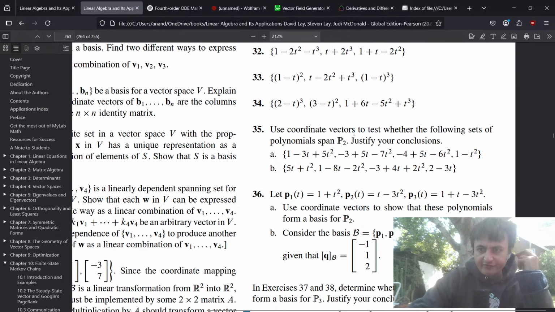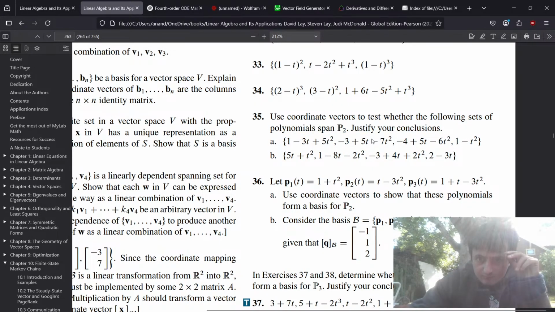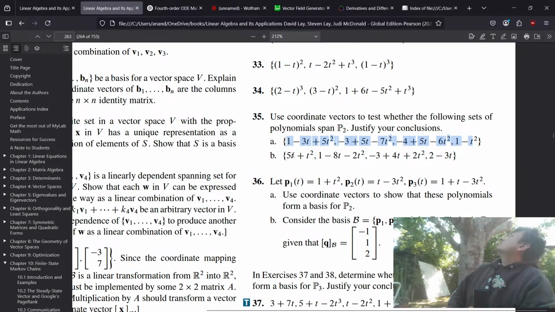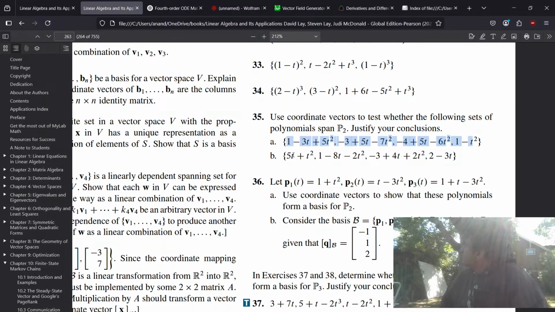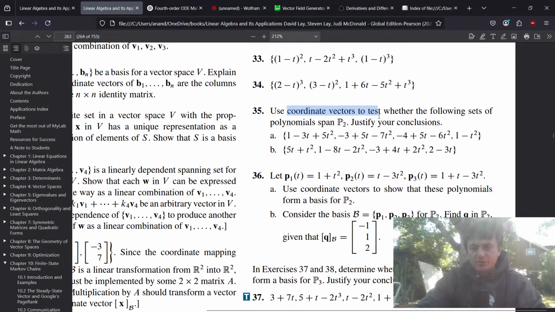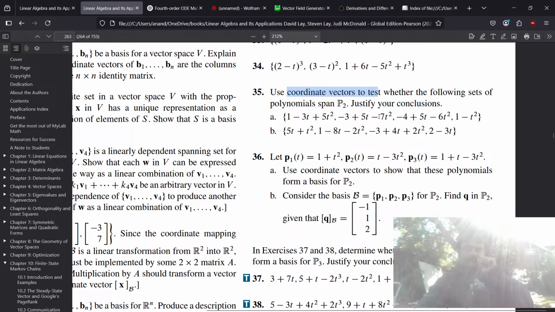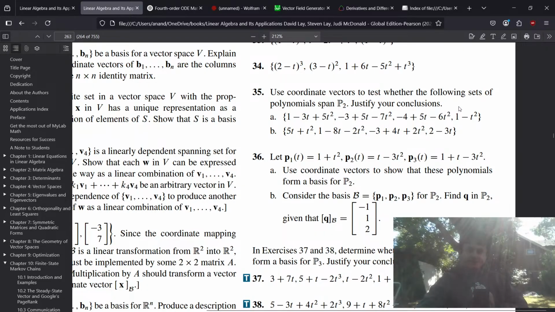Use coordinate vectors to test whether the following sets of polynomials span. 35, I feel like we can skip. 35 just amounts to you put this as a matrix, and then you row reduce it or something, and you just test the rank of it, as long as the rank is 2 or 3.